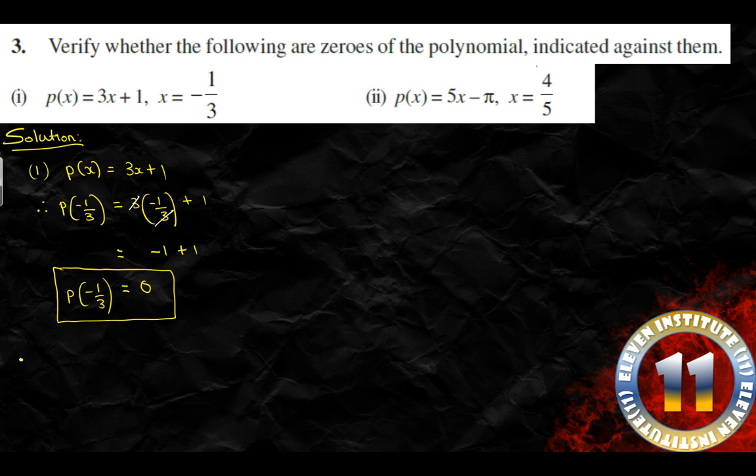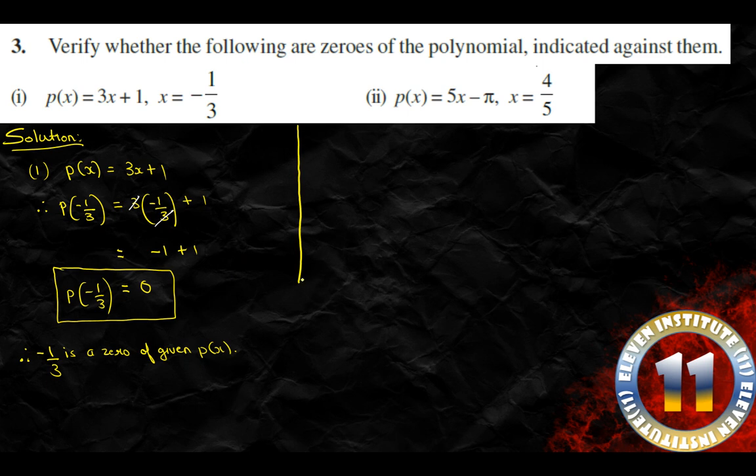So therefore we can write minus 1 upon 3 is a zero of the given polynomial. Given polynomial with variable x. This is the short form for polynomial with variable x. I hope this is quite clear to you.